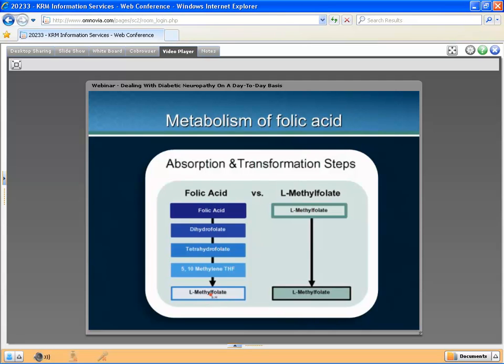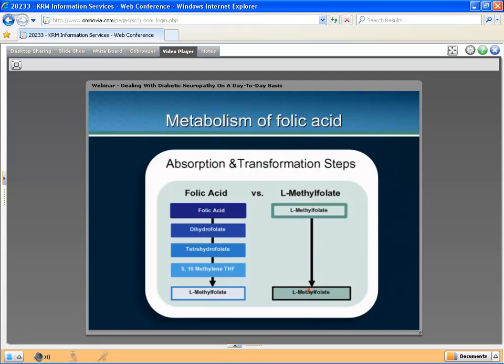What happens in the diabetic is that, as I said earlier, we have a lack of blood supply going to the nerve cells, so the nerve cells simply cannot make these 1, 2, 3, 4 steps to get to L-methylfolate, and so they end up dying off as a result. So the idea came, why don't we give the patient L-methylfolate directly, no metabolism required, and the nerve cells can now stay alive and actually repair themselves.